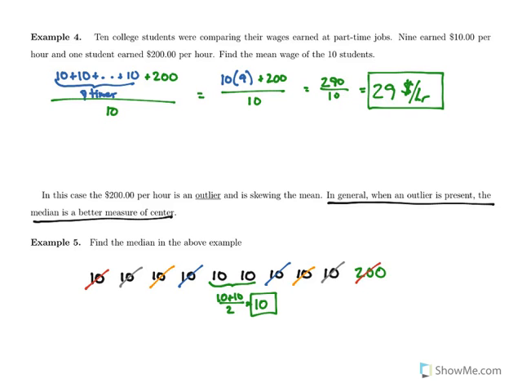So that $29 is deceptive in what it's actually saying. The median says that it's $10. That's going to be what most people make. That's kind of the center. And that definitely makes more sense. It doesn't give any indication about that one student who earned $200 per hour, but that's the idea of an outlier. It's something that's just different from the rest of the data.